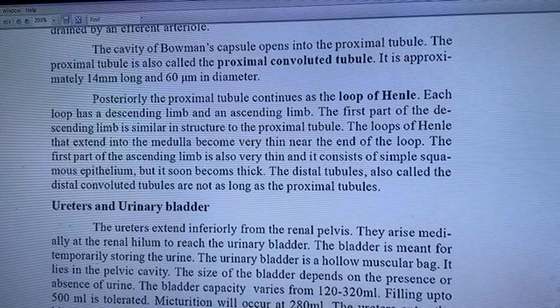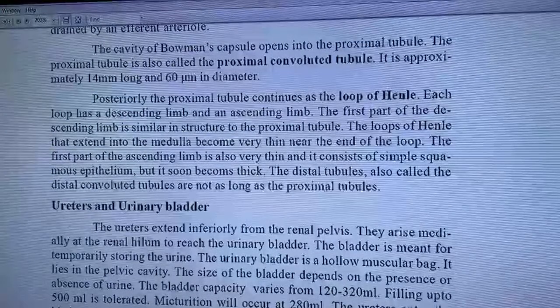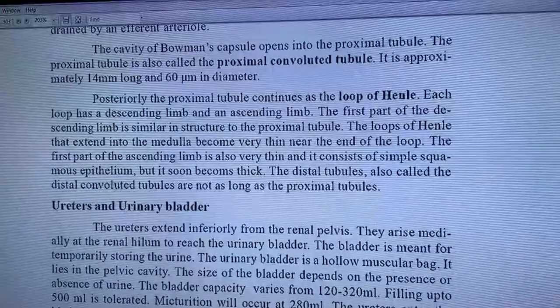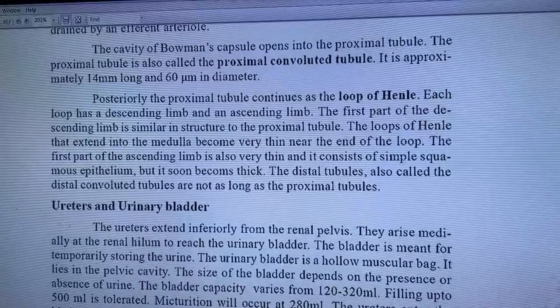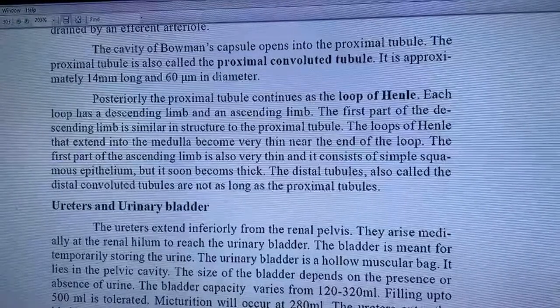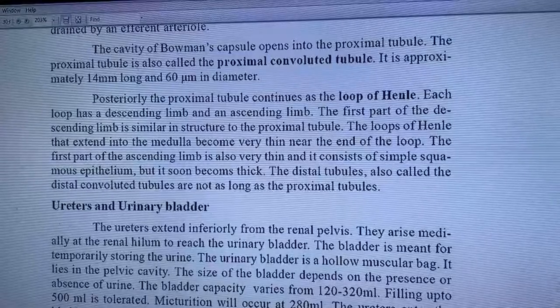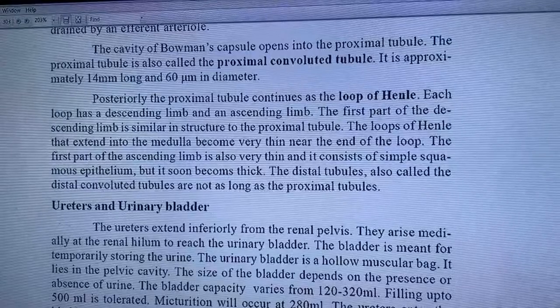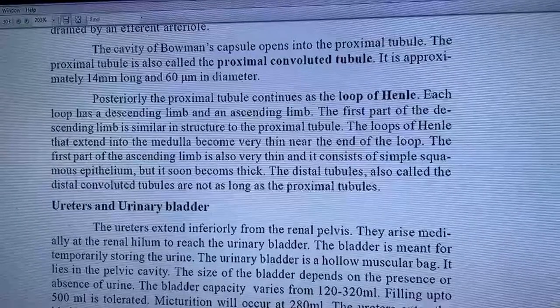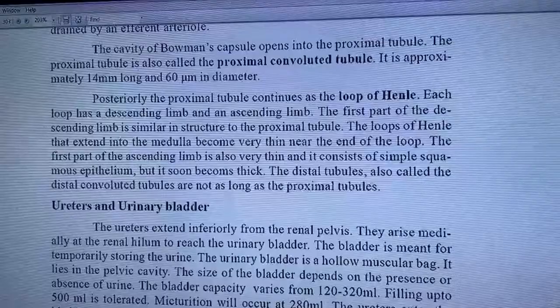The loops of Henle that extend in the medulla become very thin near the end of the loop. The first part of the ascending limb is also very thin and consists of simple squamous epithelium, but it soon becomes thick. The distal tubule, also called the distal convoluted tubule, is not as long as the proximal tubule.